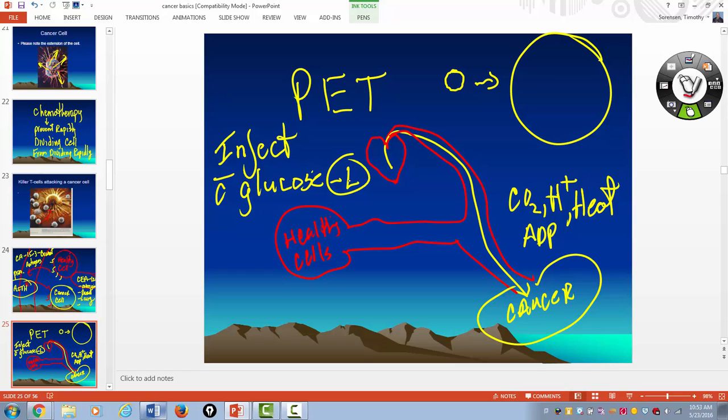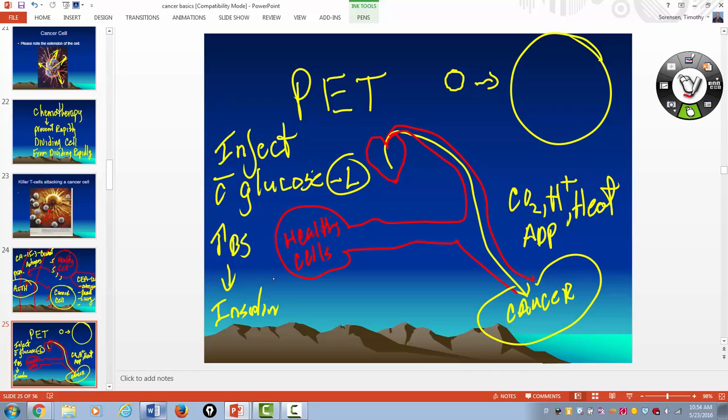So now watch. What cells of the body are most metabolically active? Cancer cells. When you inject this labeled tracer glucose, it's going to cause your blood sugar to go up, and that's going to cause your pancreas to release insulin. When your blood sugar is elevated, glucose becomes the most readily available fuel for the cells of the body to use to make ATP.